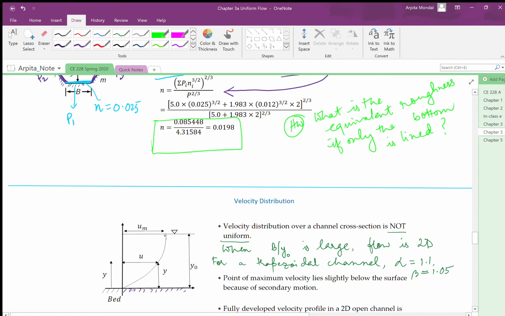So this is where the maximum happens in reality, and at any given depth the velocity u is a function of the depth y. So this is what happens, and this is for fully developed flow, similar to the concept of fully developed flow in pipe flow, this is fully developed flow in open channels.